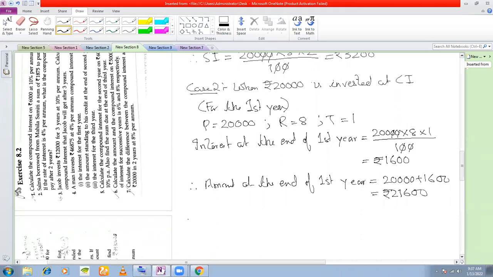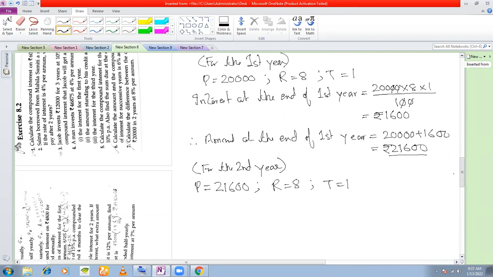Next, we'll calculate for the second year. The principal is the amount at the end of the first year, 21,600. So this becomes your principal for the second year. Rate is 8%, and time is 1 year because we are only calculating for the second year.